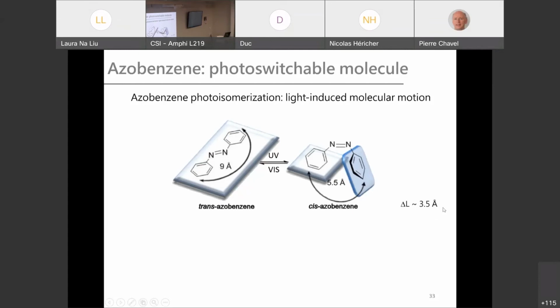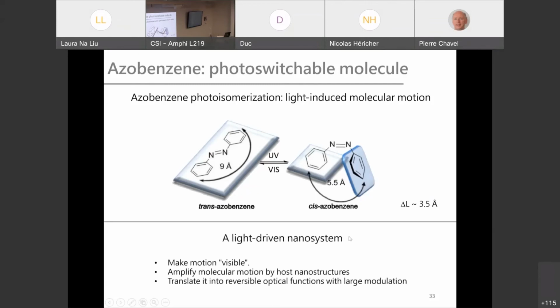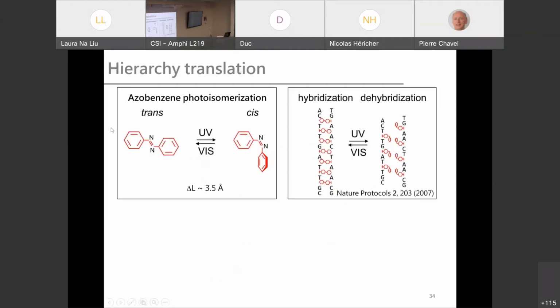The conformation change is on the order of 3.5 angstroms between these two states. Then what we want to do is we want to utilize the photoisomerization of azobenzene molecules so that we can utilize all optically controlled input to drive our plasmonic system.